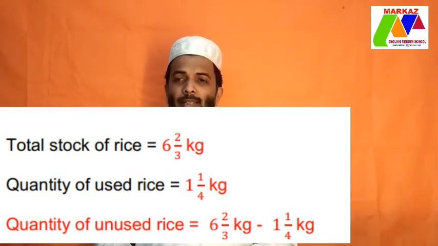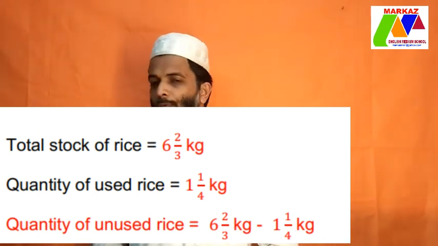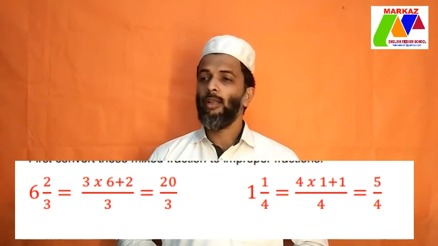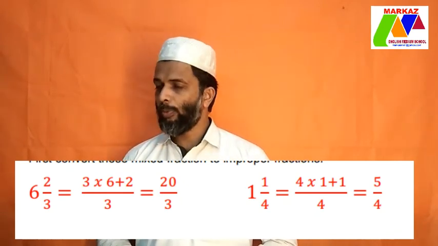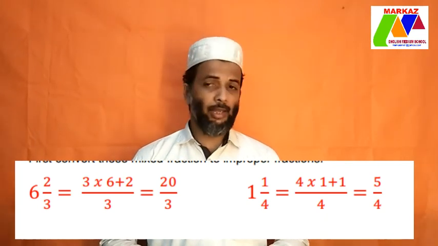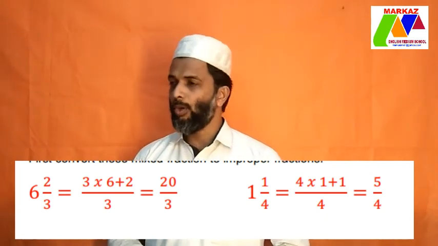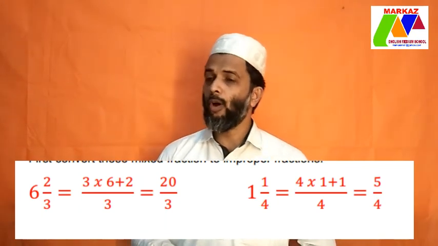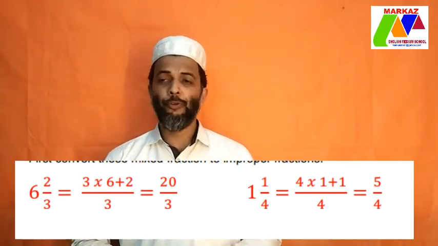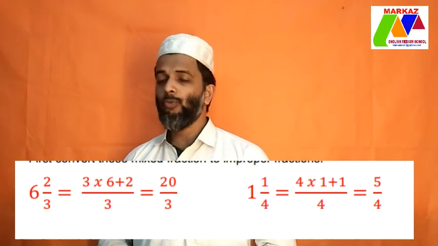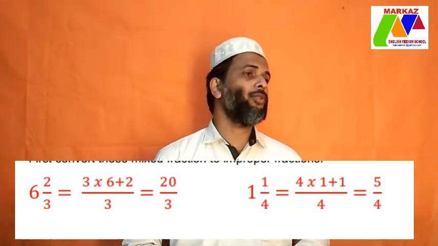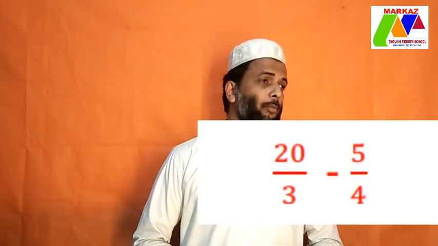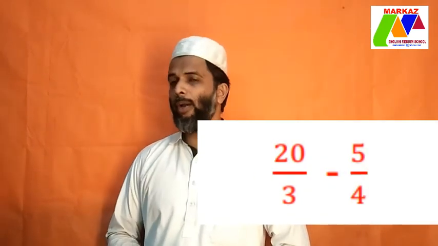First convert these mixed fractions to improper fractions. 6 2 by 3 is equal to 3 into 6 plus 2 by 3. Answer is 20 by 3. Second fraction, 1 by 4 is equal to 4 into 1 plus 1 by 4, is equal to 5 by 4. 20 by 3 minus 5 by 4.